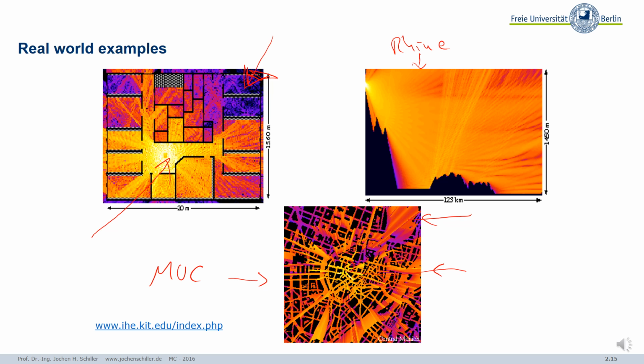But you see what happens. These are the shadows. If you live in one of these shadows, you have very poor reception with, in this case, maybe classic analog FM radio. Different frequencies. You see also up there in the sky, very good reception for an aircraft. So that's exactly the same that happens when the sun shines somewhere, you see shadows, etc.